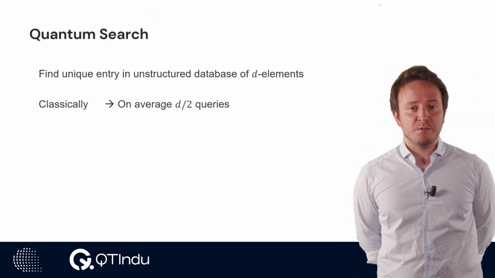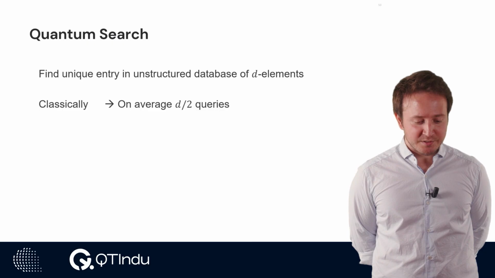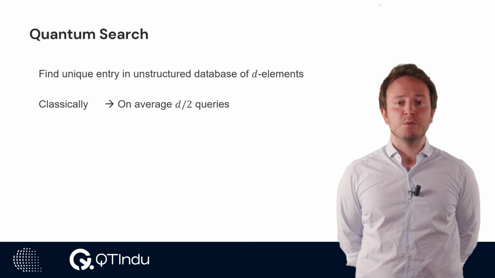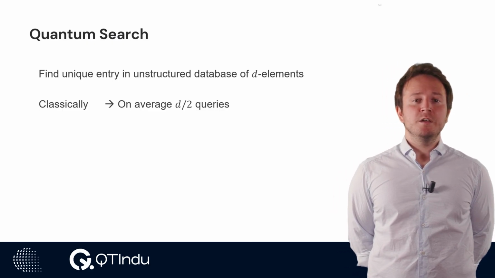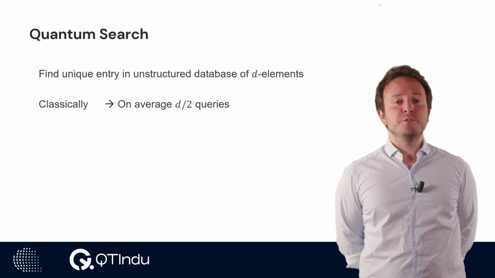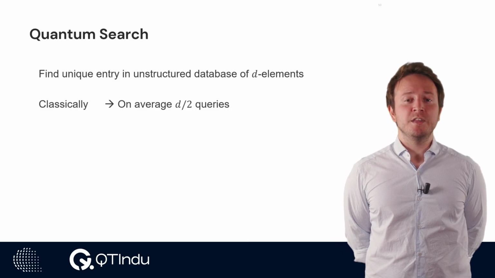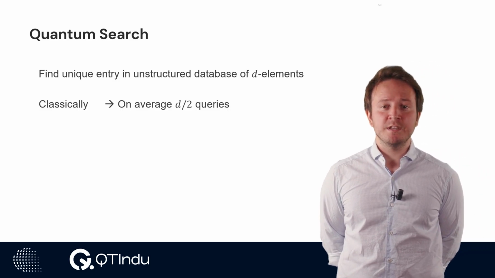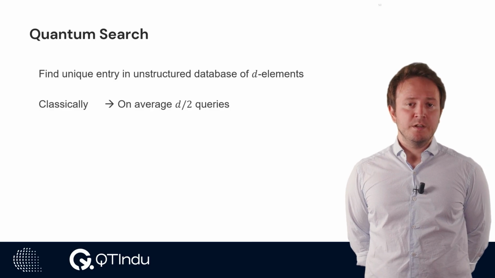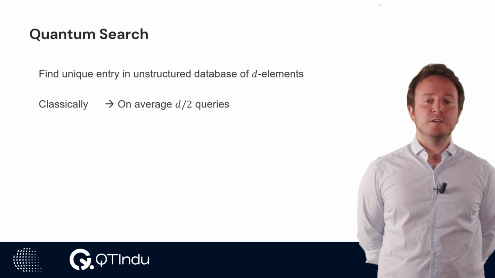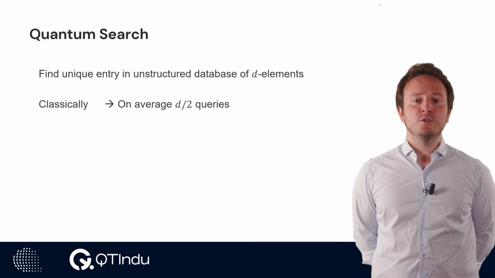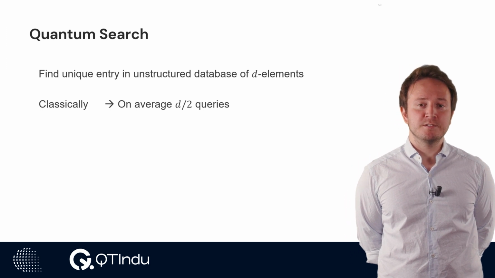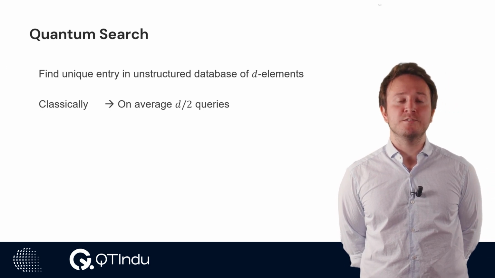Now, searching for entries in a database is a very common problem in classical computing. What we want to do is find a unique entry in a database that is unstructured and contains d elements. Classically, we need, on average, d over 2 calls of the database to find the correct answer.